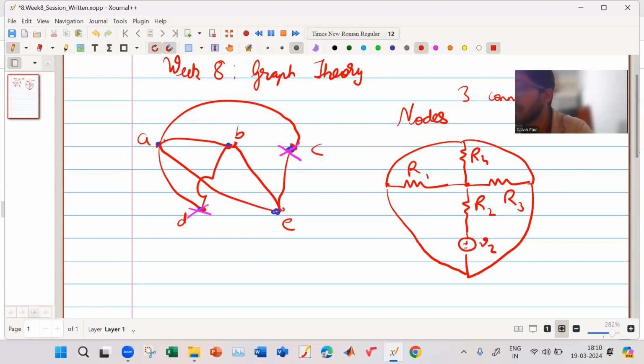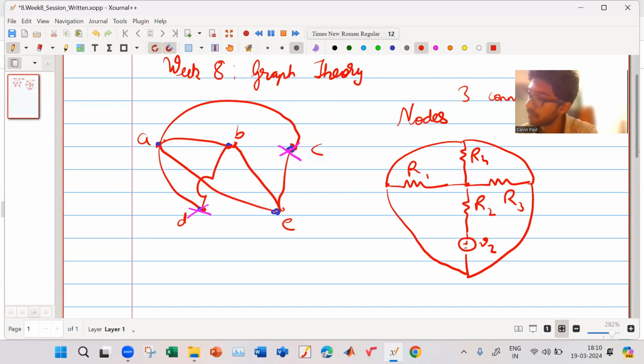So how many nodes are there in this circuit? 5 nodes. Which and all?